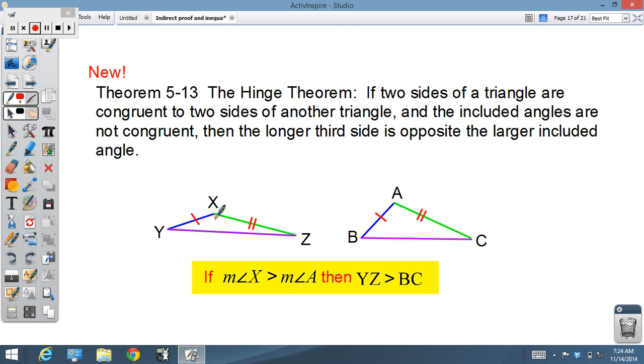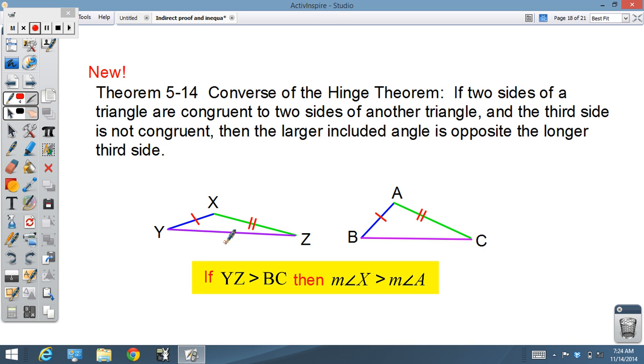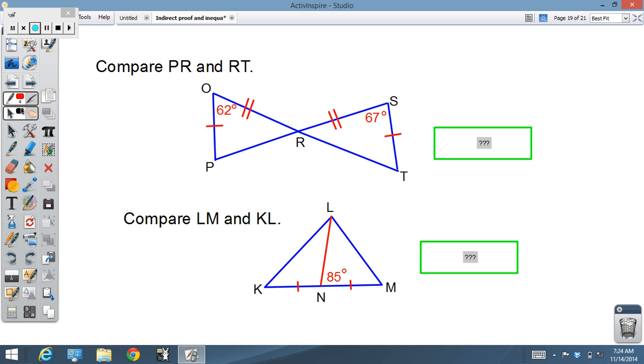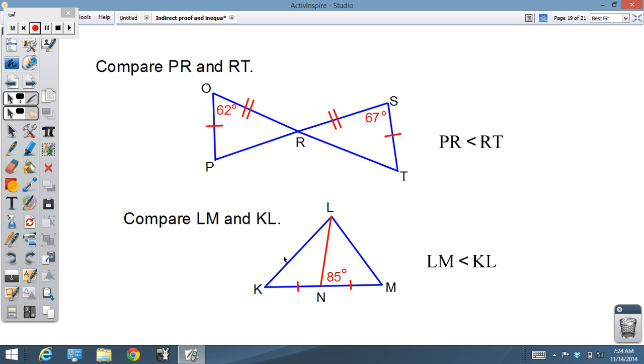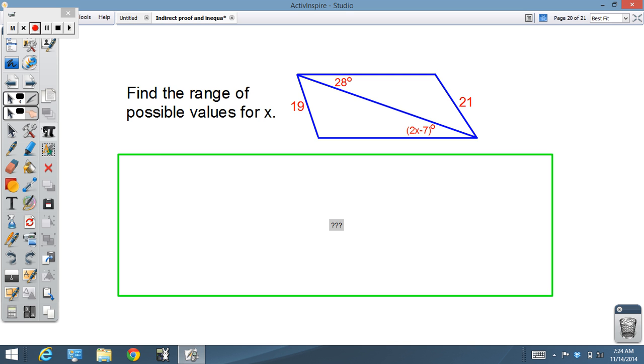So if angle X is bigger than angle A, then YZ must be bigger than BC. The converse is also true. If YZ is bigger than BC, then angle X must be greater than angle A. All right, couple problems. Pause. Answers coming. Look good. Look good.